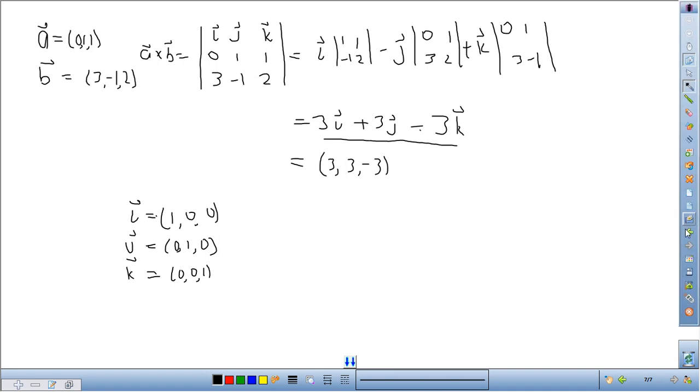Okay? So let's do another example. Let's see, new page. Why don't I do 1b from your text. So 1b from your text, we have the vector u. u is given as the vector 3, negative 1, 2. And the vector v is given as 0, 1, 1.